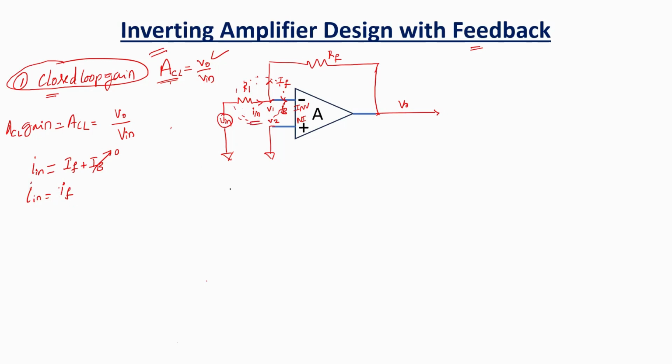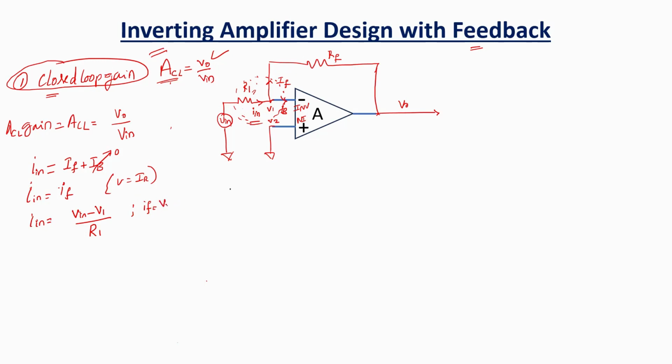I in is nothing but equal to the voltage drop across this resistance. So what is the voltage drop across this resistor? I in is equal to V in minus V1 divided by resistor R1. So what is IF? This is IF. Again, the current is going from here to here.